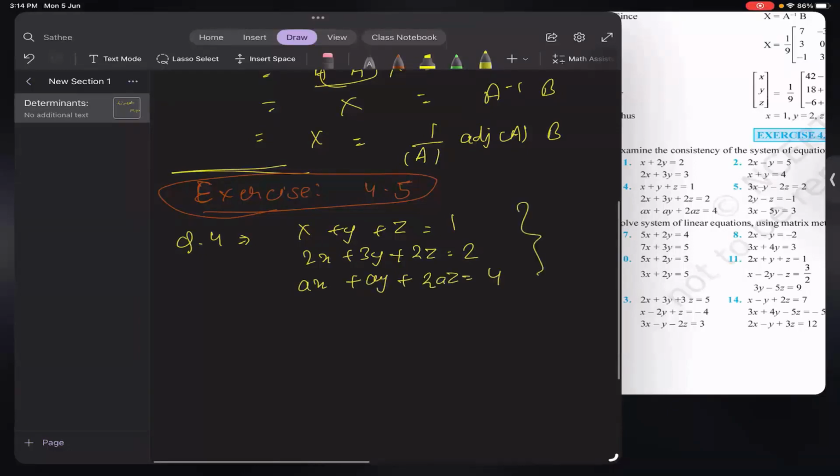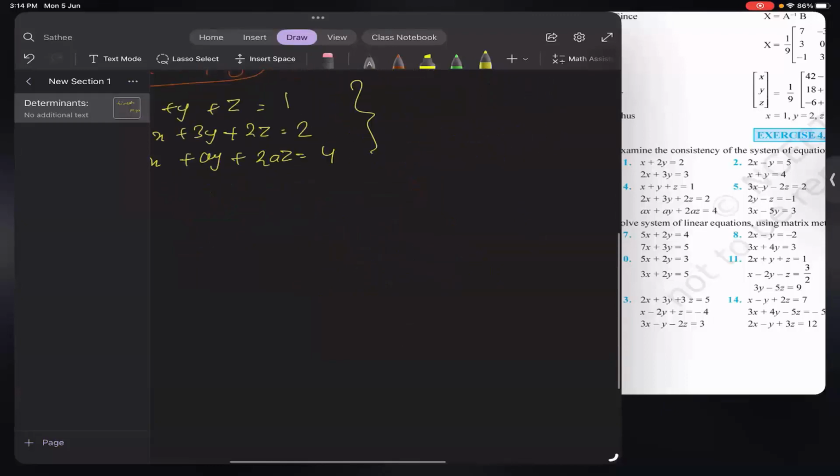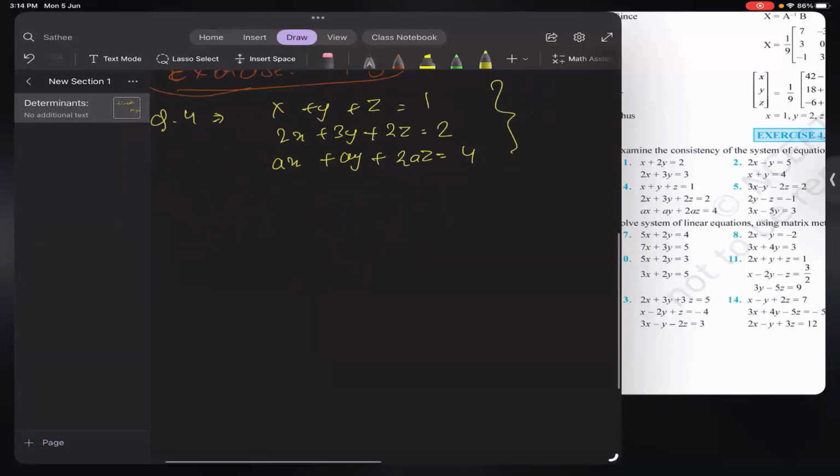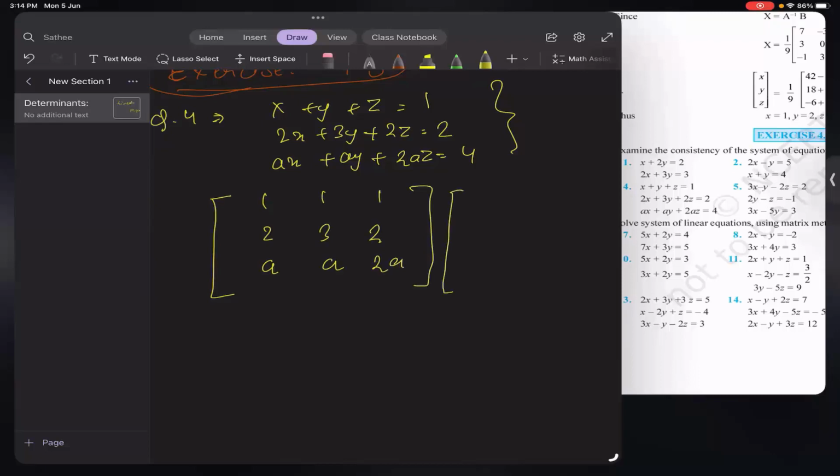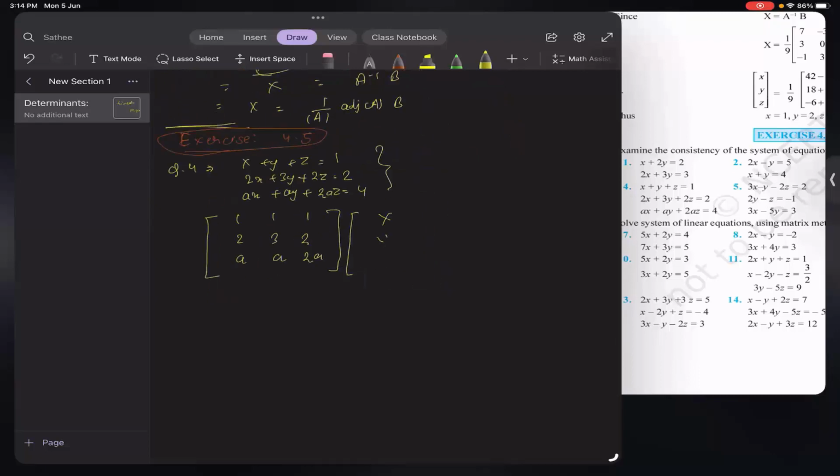We are given these three equations and we have to solve this system. We can represent it in matrix form: the coefficient matrix with rows (1, 1, 1), (2, 3, 2), (a, a, 2a), times (x, y, z), equals (1, 2, 4).